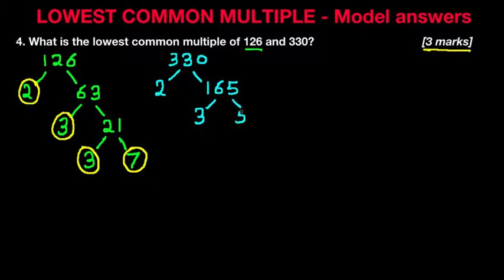The answer is 55. 55 cannot be divided by 2 or by 3, but it can be divided by 5. It's 5 and 11, and 11 is a prime number. So the prime factors of the number 330 are 2, 3, 5, and 11.